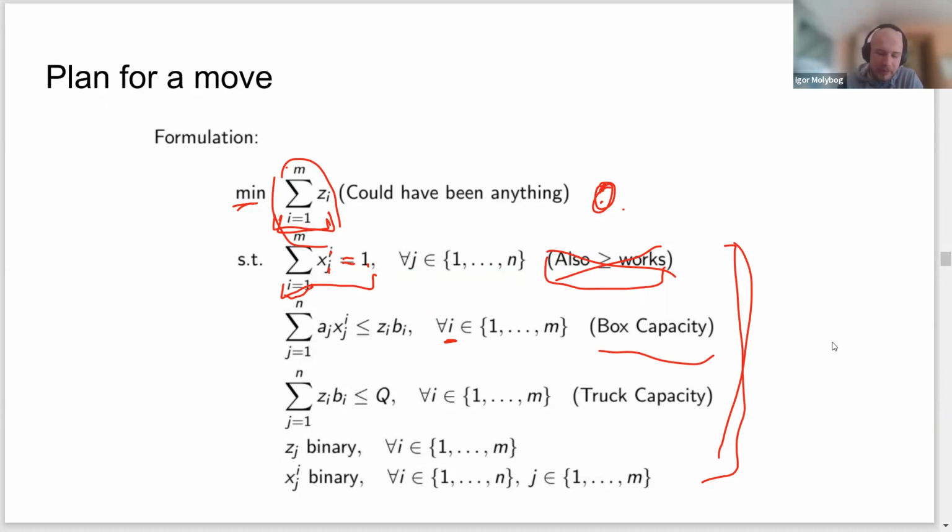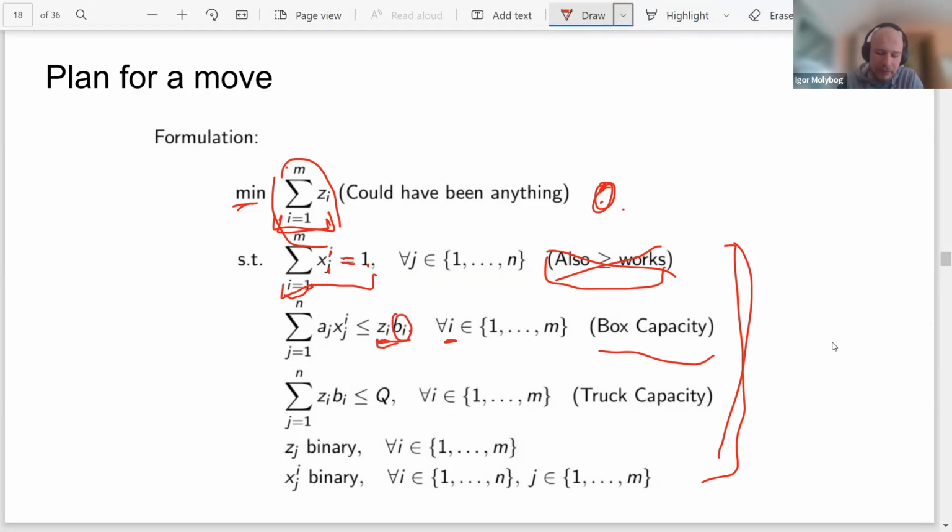So on the right hand side, we would have bi if zi is equal to 1, and the right hand side should be equal to 0 if zi is equal to 0. On the left hand side, there is the total volume of items being filled into a box. So it's a summation over all items J of the volume of the item times the indication of whether we are putting it into the current box or not.